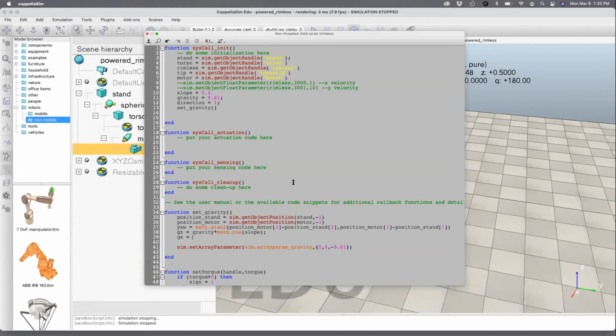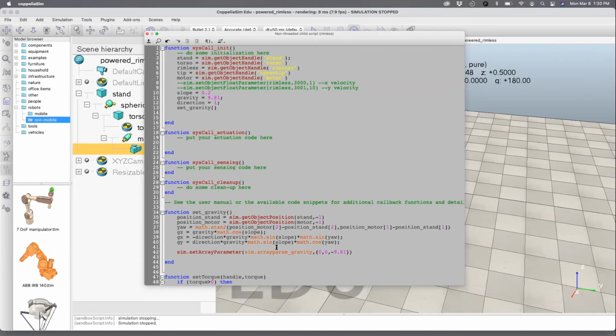The gx, if you look at the formula, is going to be minus direction times gravity times math.sine slope. So that gives me the component which I resolved along the horizontal, but then I need to also multiply it with the yaw angle, so math.sine yaw. Okay, so that's the x component. The y component is similar. So copy paste: gy equals direction times gravity times math.sine times cosine.